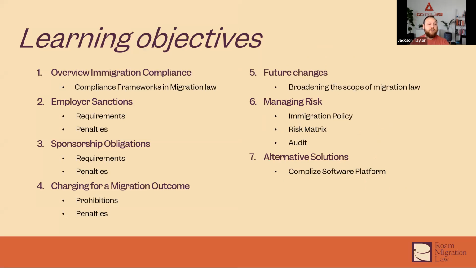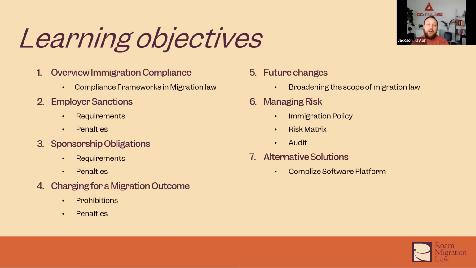So our learning objectives today will be to, first of all, just touch on immigration compliance. What is it? What does that mean? How do we look at immigration compliance for employers? Then we'll drill down into the 3 major compliance frameworks within the Migration Act and regulations. They are what we call the employer sanctions regime, the sponsorship obligations, and the charging for a migration outcome provisions.